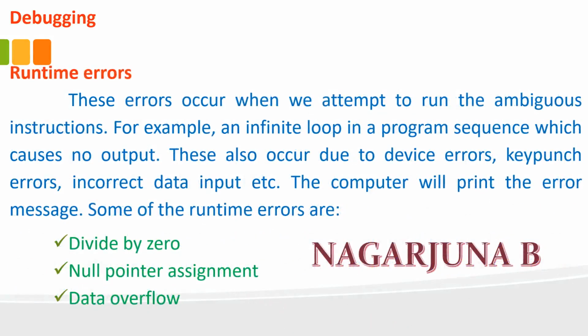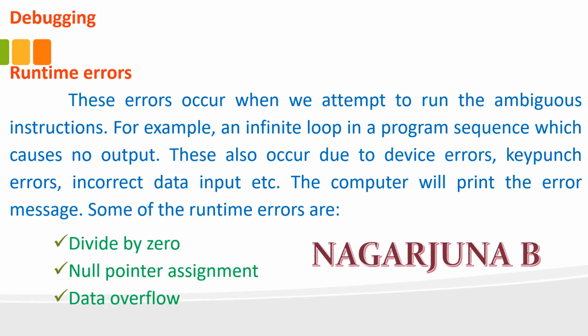The next kind of error which can be present in a program is runtime errors. These are the errors which occur when we try to run a program consisting of an ambiguous instruction. Ambiguous is nothing but something which causes confusion for a compiler or the machine to execute the instruction.